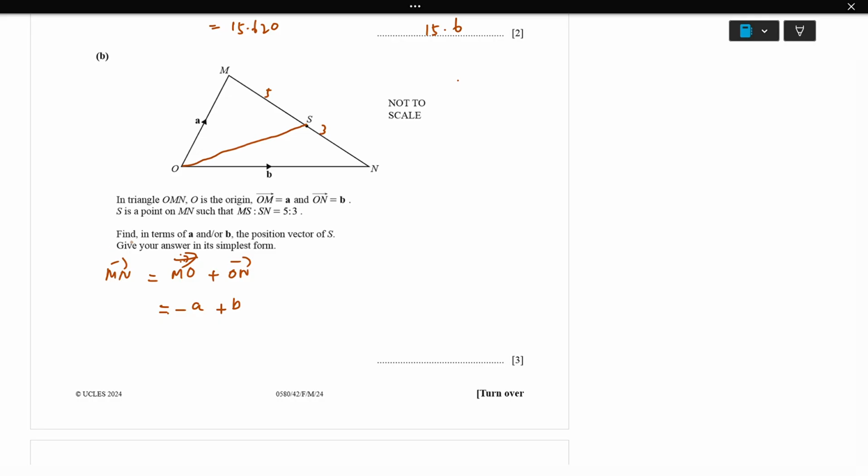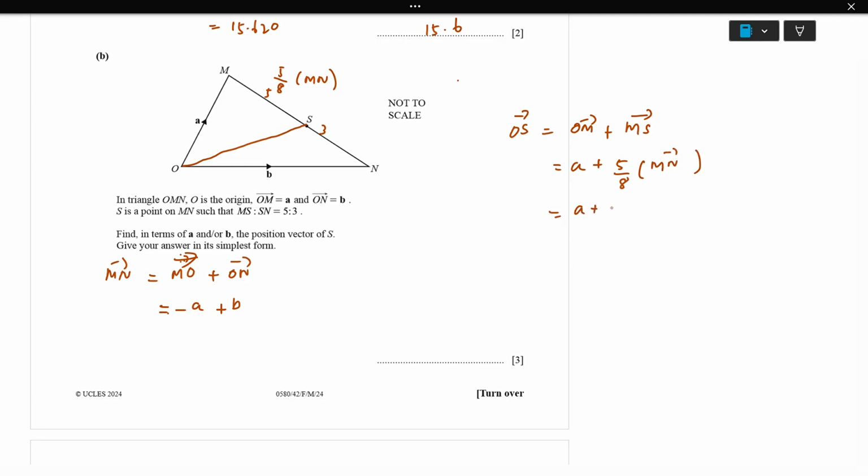Next, we are going to find OS. OS equals OM plus MS. OM is A, plus MS. This ratio is 5 to 3, so it is 5 over 8, because the total ratio is 8, of MN. So MS is 5 by 8 of MN.